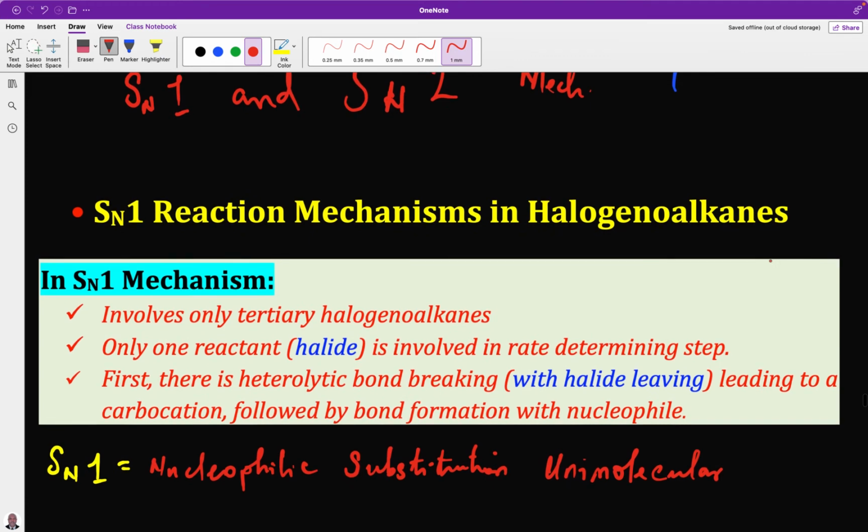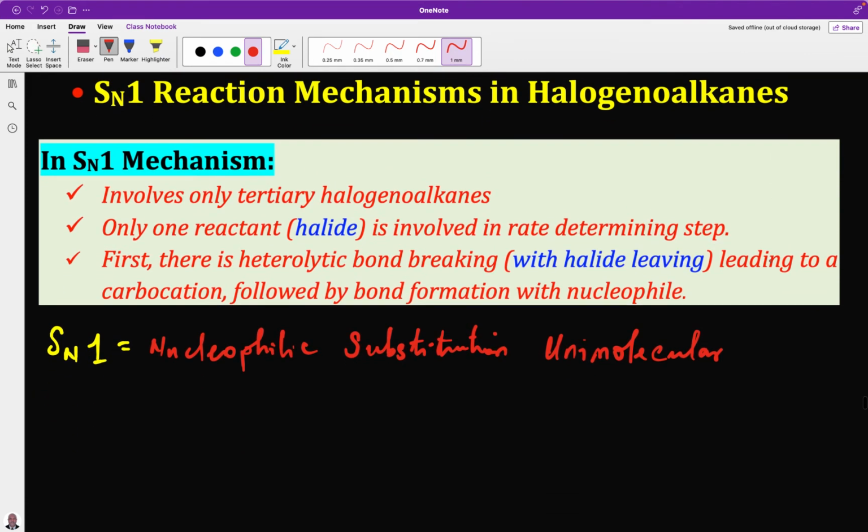Since it is SN1, only one reacting species is involved in the rate determining step, and that species is the halide. For that reason, we say it is an SN1 mechanism.